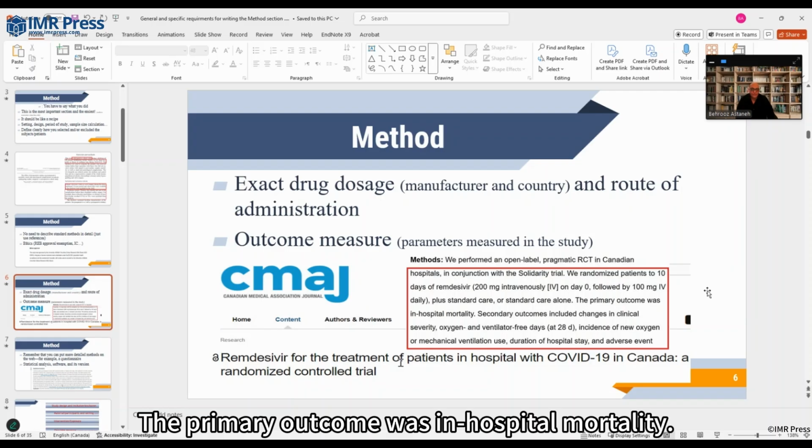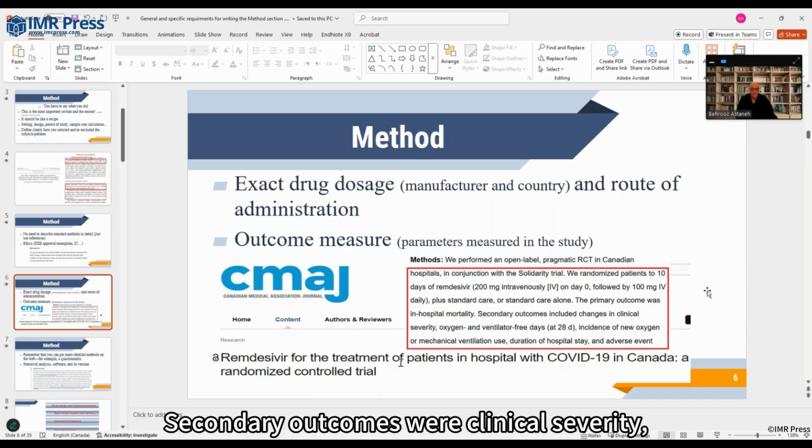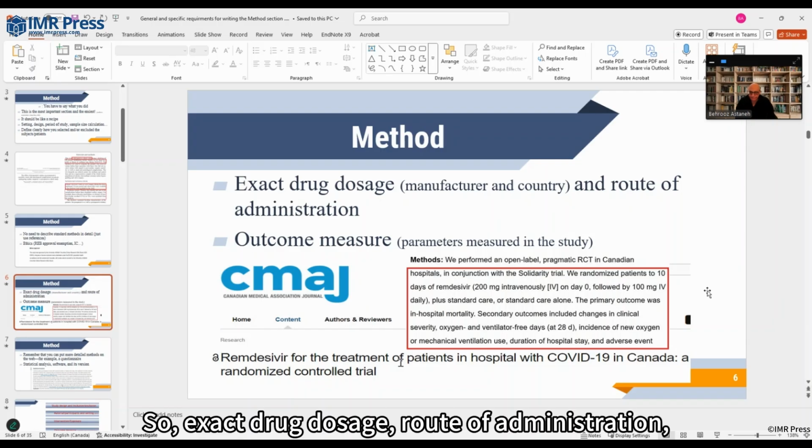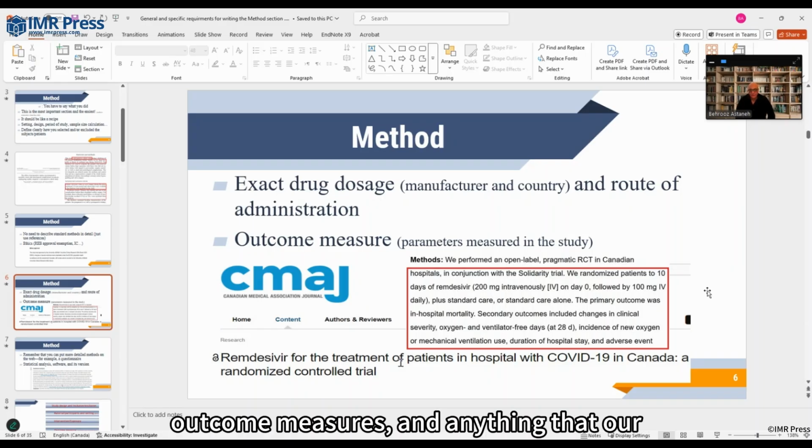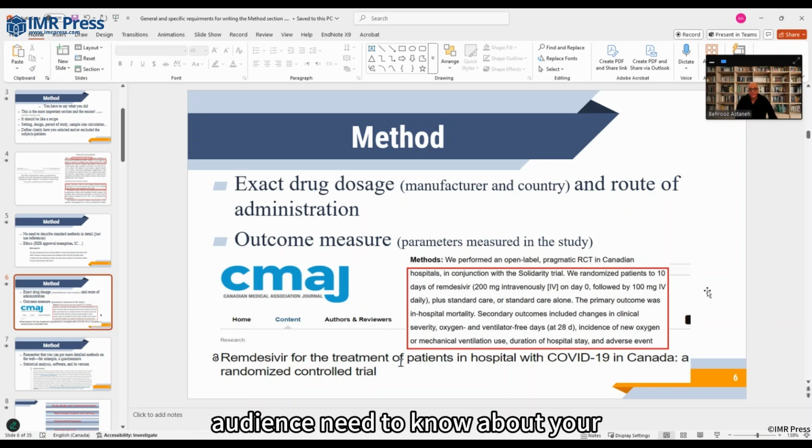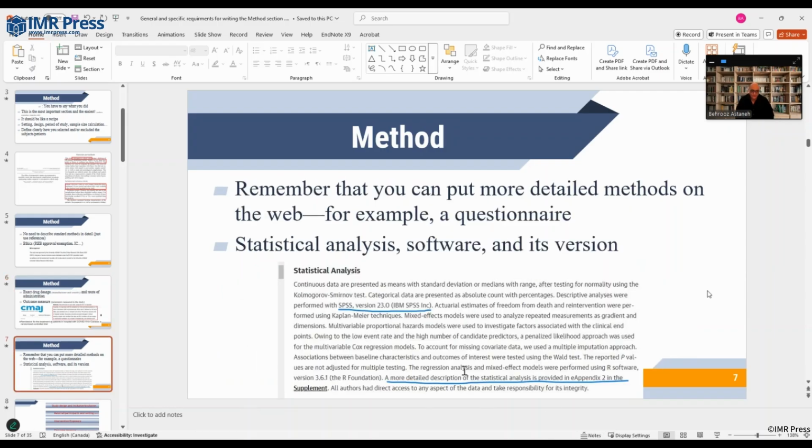The primary outcome was in-hospital mortality. The secondary outcome were clinical severity and oxygen and ventilator-free days. So exact drug dosage, route of administration, outcome measures, and anything that our audience need to know about your medication approach to the patients.